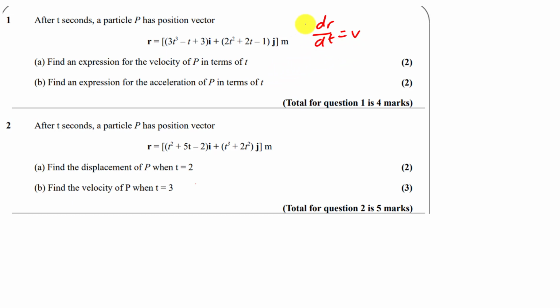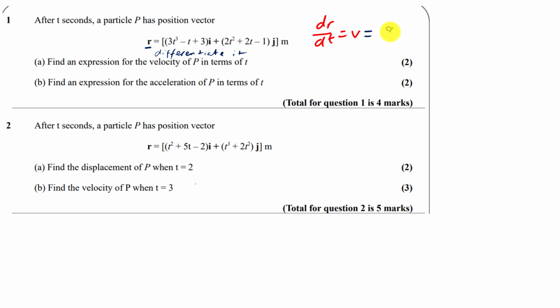So essentially, if you have r, you differentiate it to get v. Let's just differentiate that, r with respect to t.